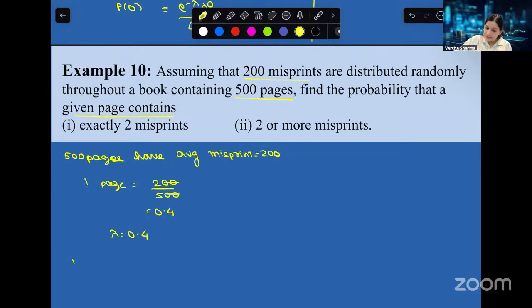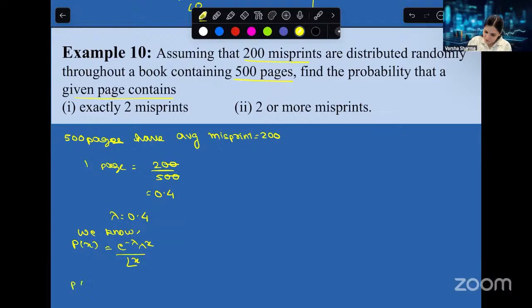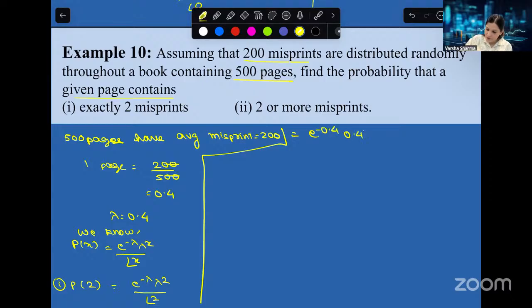Now, number one, exactly two misprints. So using this formula, we'll find the value for two misprints. So P of 2 is e power minus 0.4 times 0.4 squared by factorial 2. Its value is not provided here. E power minus 0.4 is 0.670.